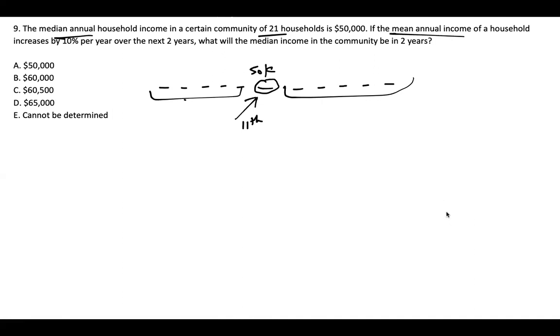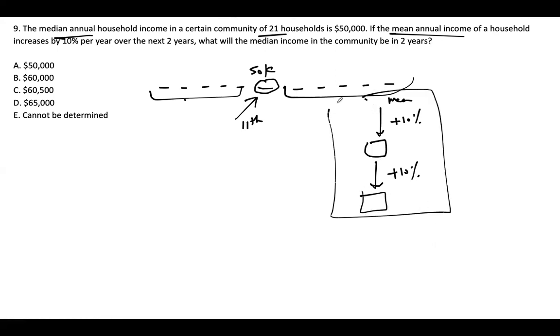If the mean annual income of a household increases by 10% per year over the next 2 years, what will the median income in the community be in 2 years?